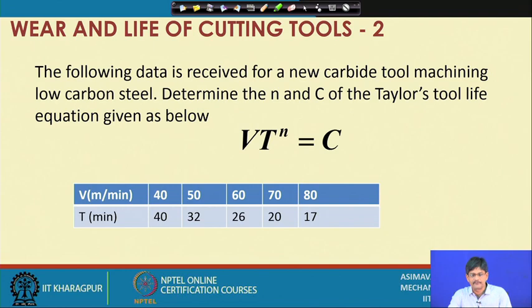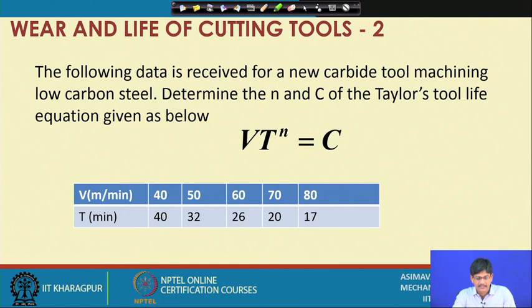So, generally we take precautions like putting a coating, say titanium nitride coating, so that it deters any such diffusion wear. So, in this case we assume that such a problem does not exist here.